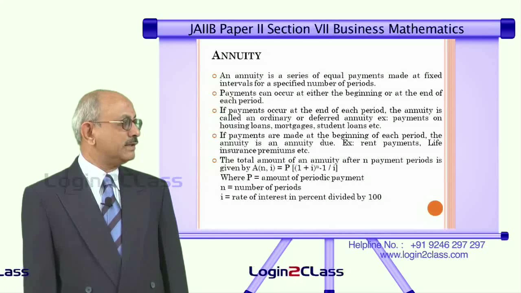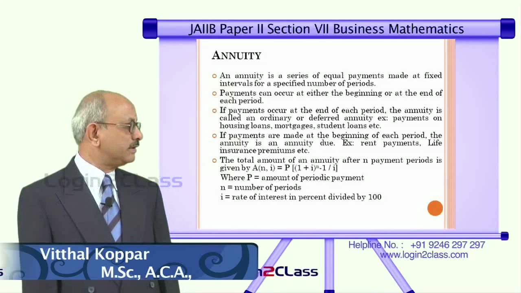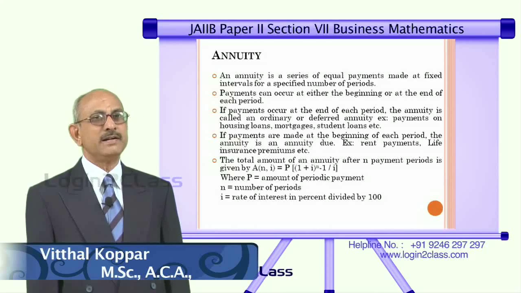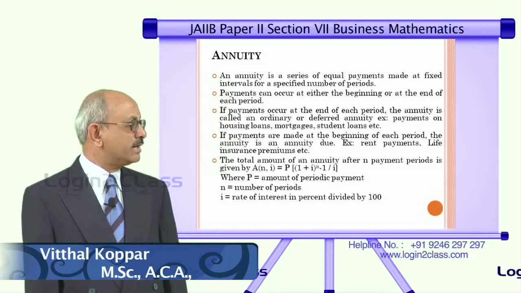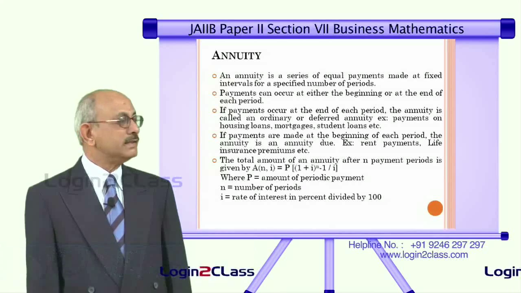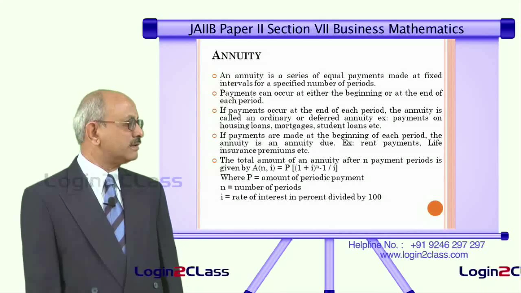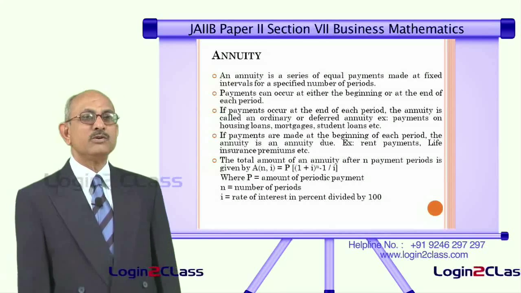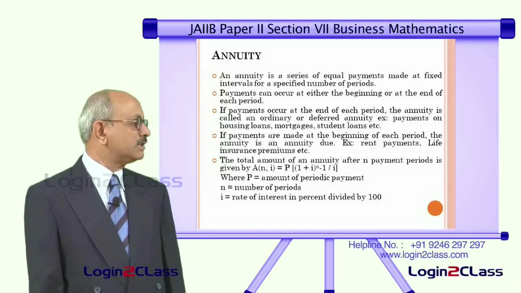So, here P is the periodic payment which you are making or periodic receipt which you are receiving, n is the number of periods, I is the rate of interest in percentage divided by 100. And if the compounding is changed, then again I and n will keep on changing. So, therefore, n we always call it the number of periods, depending on the periodicity of compounding. N could be number of years or could be number of half years or number of quarters and so on.